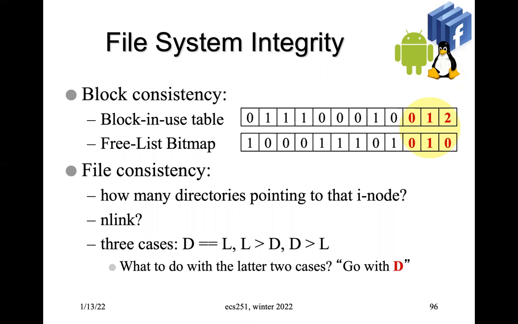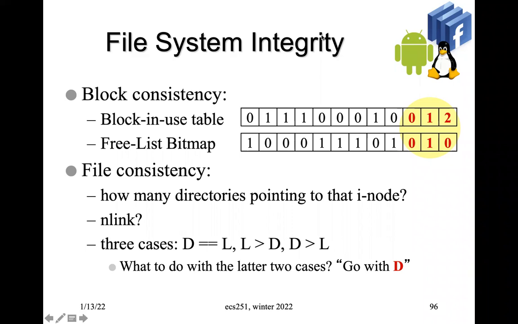You might feel it's kind of funny when I say this, because isn't this a duplicate? Aren't the first table and the second table supposed to come up with exactly the same information? That's true when your block consistency is indeed perfect.